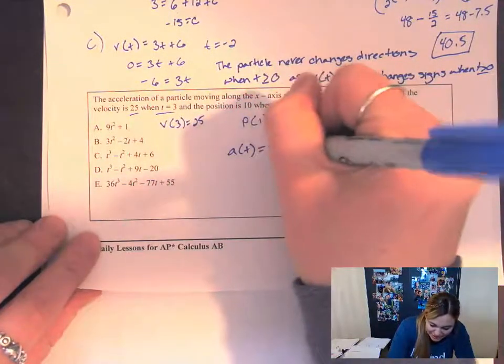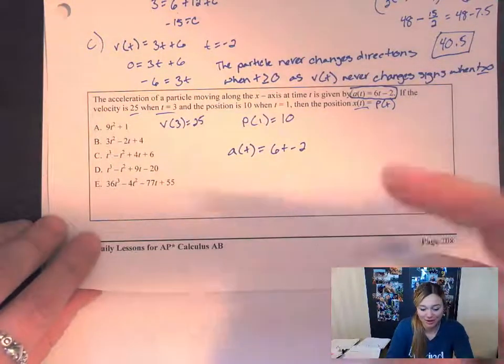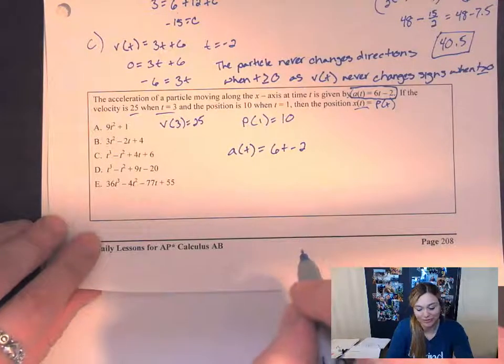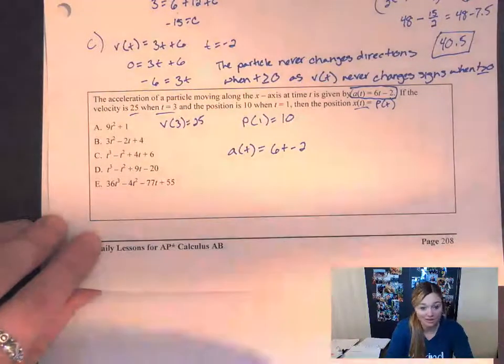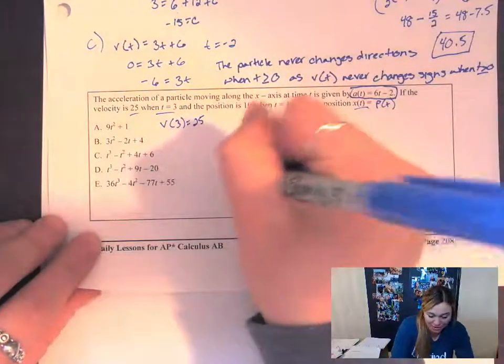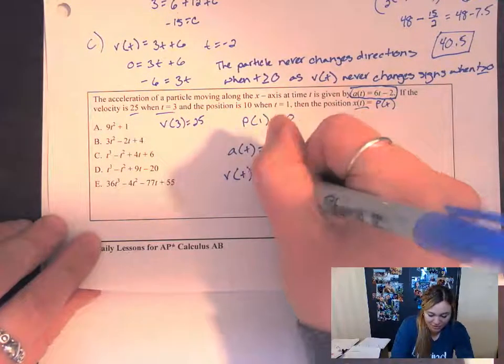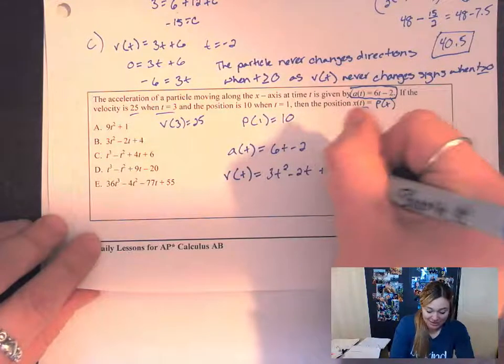If I know acceleration is 6t minus 2, you can do this multiple ways. You could integrate acceleration and set it equal to v of 3 to v of t, and then figure out what v is. I'm just going to go backwards this way, and I'm going to say v of t would have to be 3t squared minus 2t plus c.